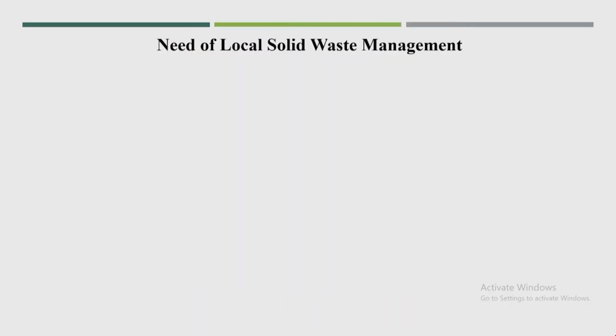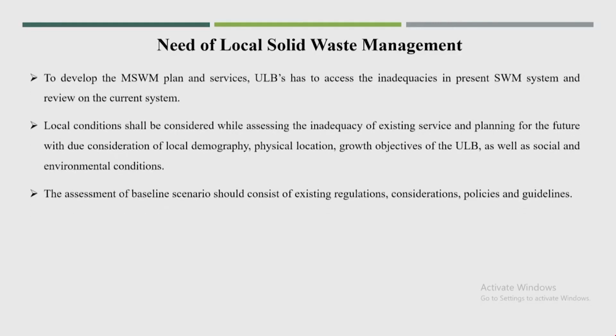Because there is a need for a local solid waste management plan. To develop an MSW plan and service, the ULB has to assess the inadequacy in the present SWM system and review the current system. Local conditions shall be considered while assessing the inadequacy of existing services, and the idea is local.